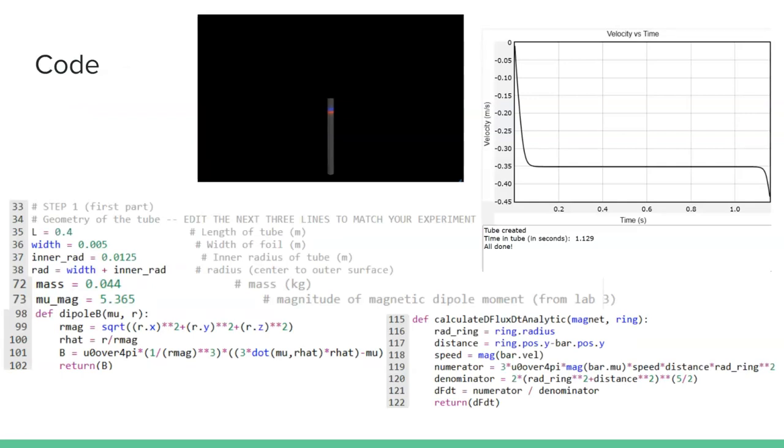This is my code. At the top, I have a screenshot of the magnet falling through the tube. On the right, I have the graph that the code produced, the velocity time graph.